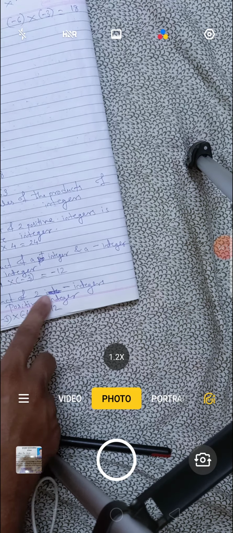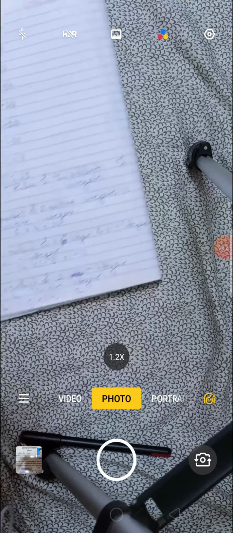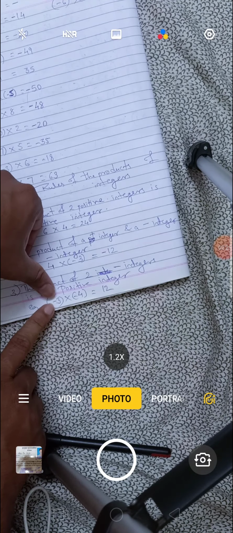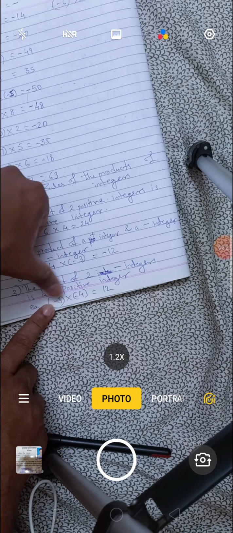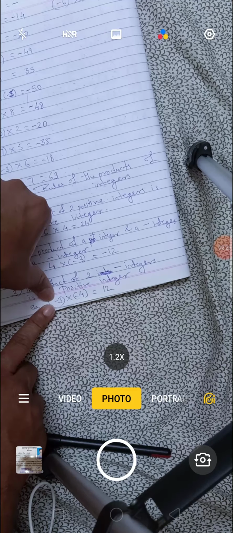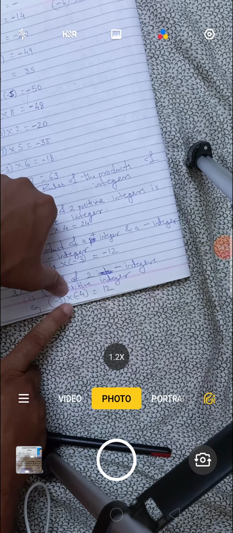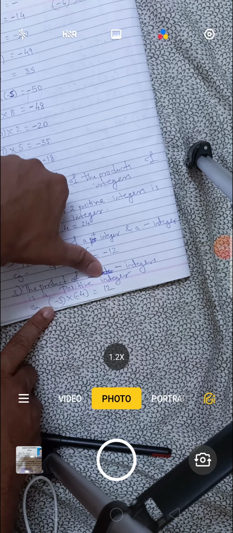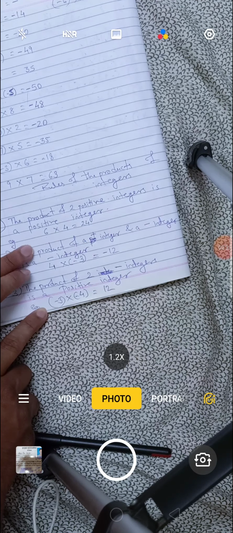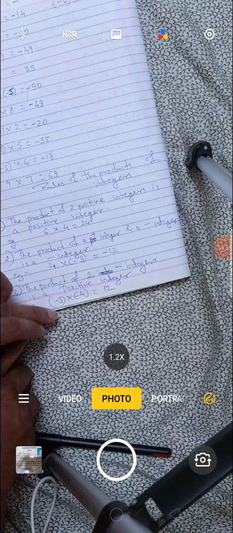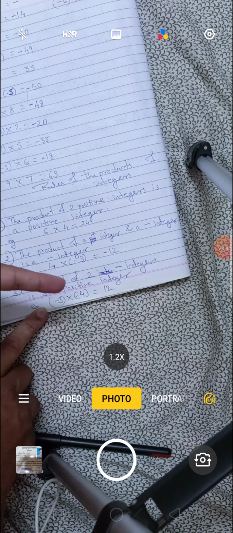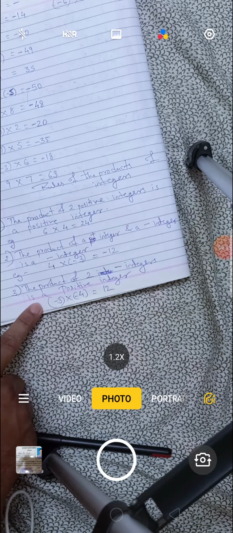Next, the product of two negative integers is a positive integer. But this rule is different. If both integers are negative, their product will be positive, like 3 4s are 12. You have to do the multiplication in each sum, children, and only look after the sign.